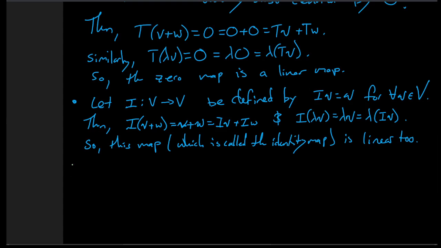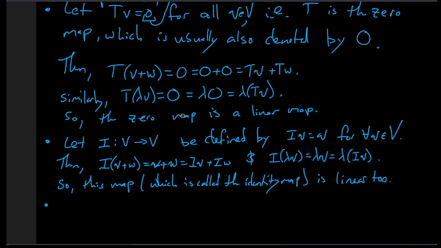Okay, cool. So the identity mapping from a vector space to itself is also a linear map.